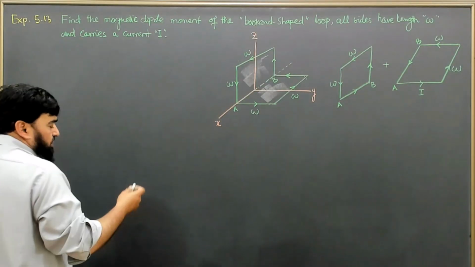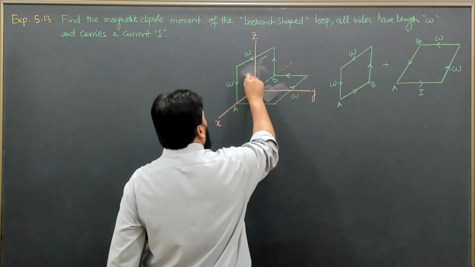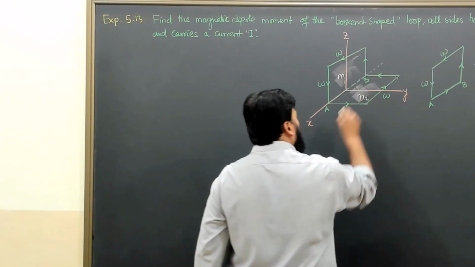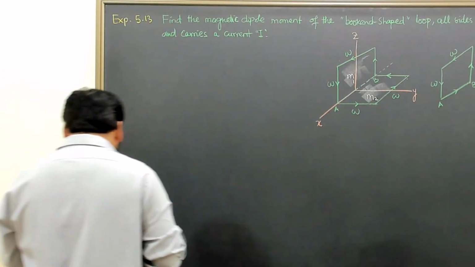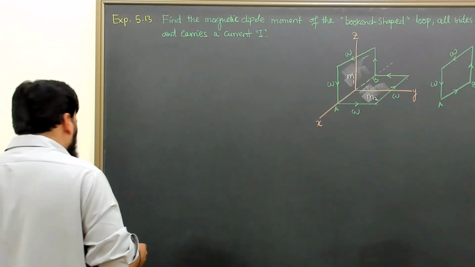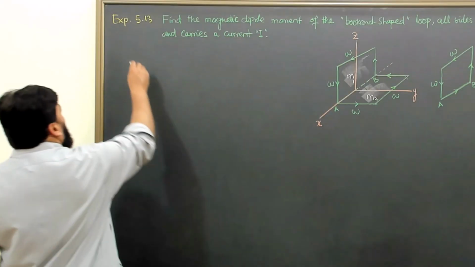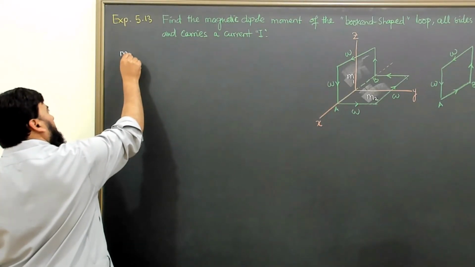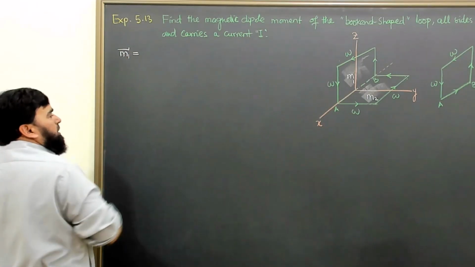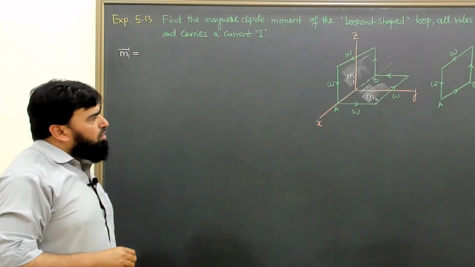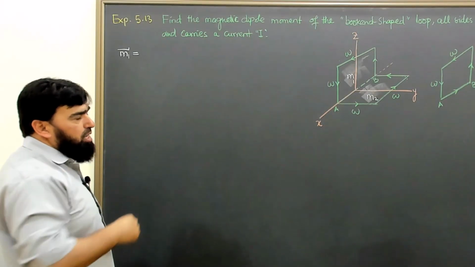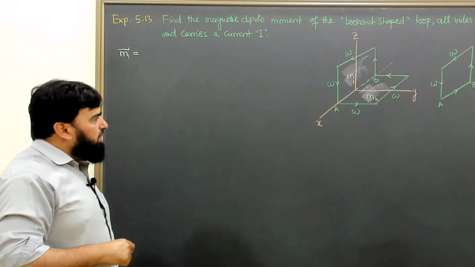So if for example this one is M1 and this one is M2, then what is the area of this loop? It is omega square, because two sides are omega and omega.